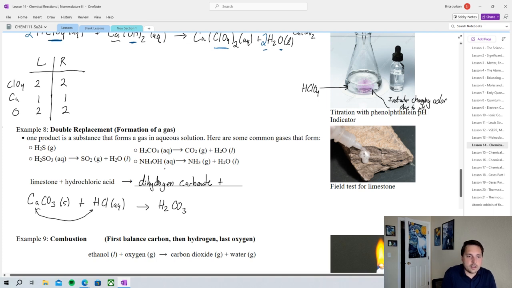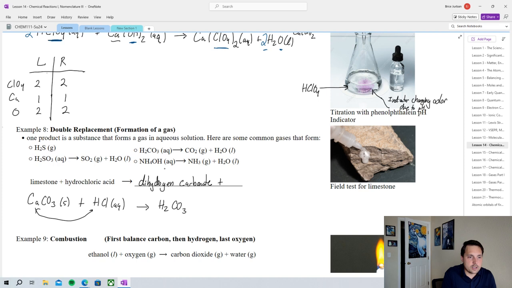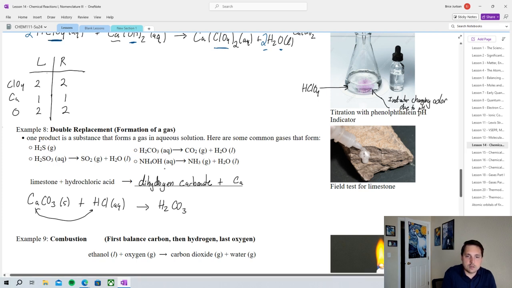And then what is the other formula? Calcium chloride is what we would get. Okay. So calcium chloride.